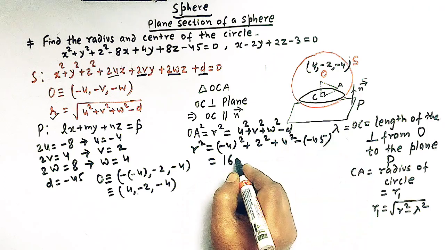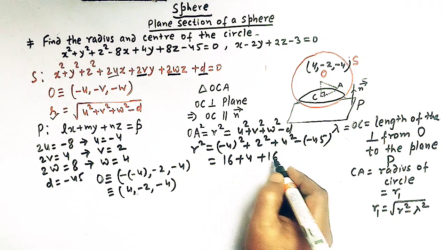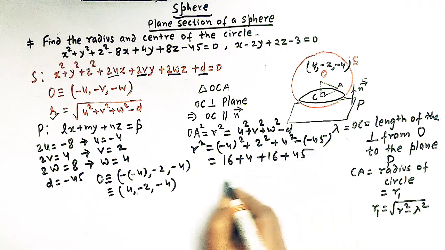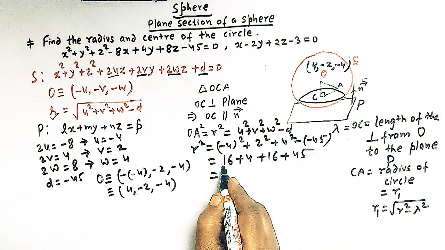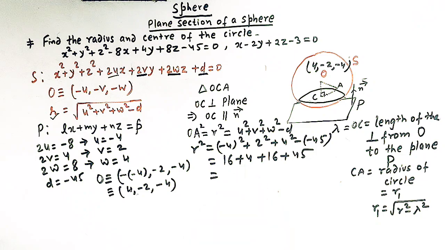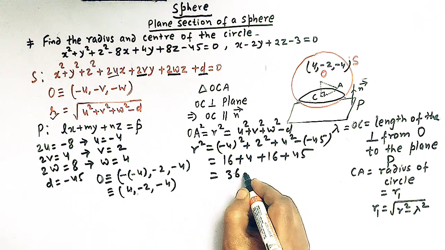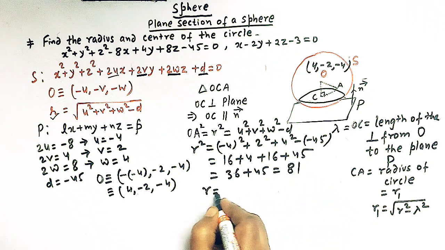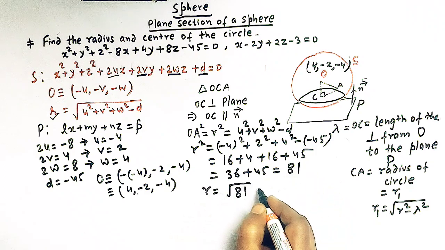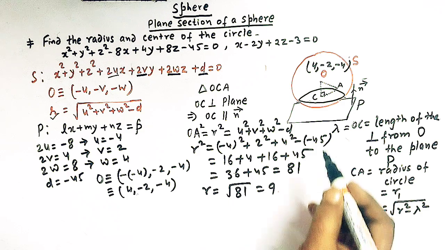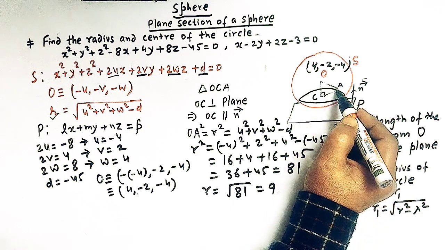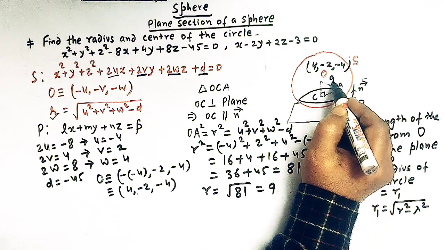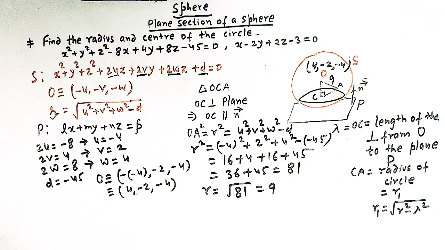So this is 16, this is 4, this is 16, and this is 45. So 32 plus 4 is 36, plus 45 is 81. So r is the square root of 81, that is 9. So the radius of the sphere S is 9 units.